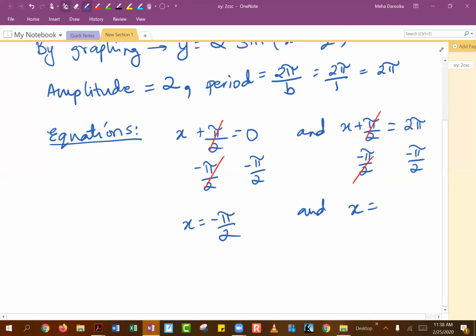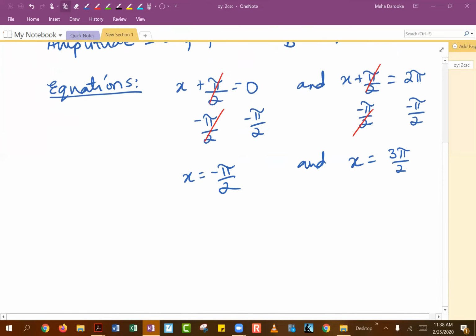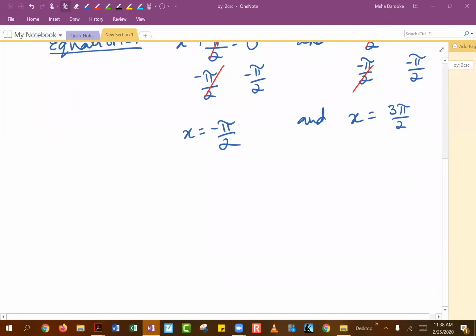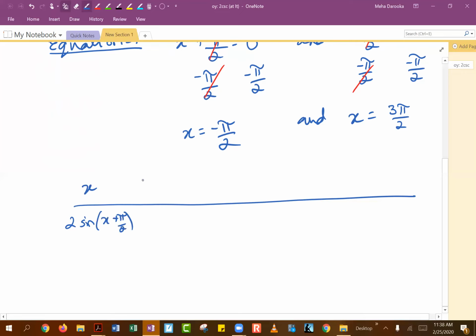And what's 2 pi minus pi halves? Yeah, 3 pi over 2, very good. Okay, so if we're thinking about this in terms of our sine function, let's see what those key points would look like. That function was 2 times sine of x plus pi halves. You're starting out at negative pi halves.